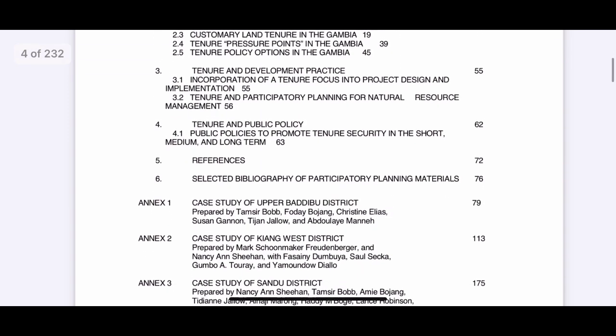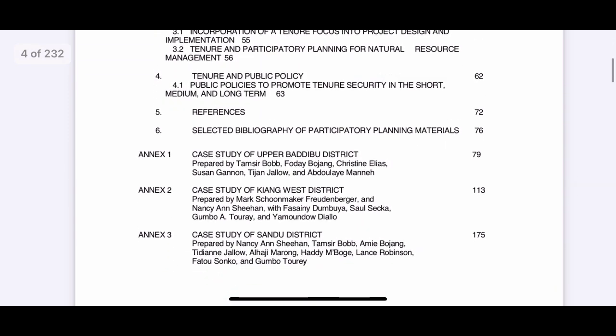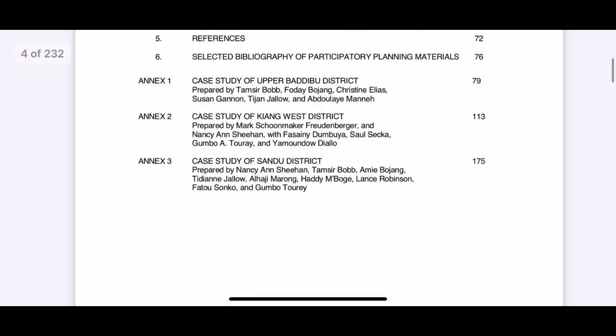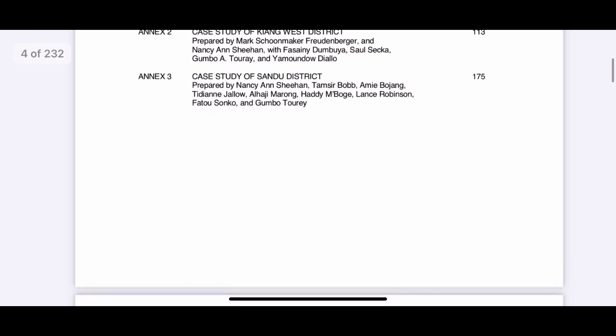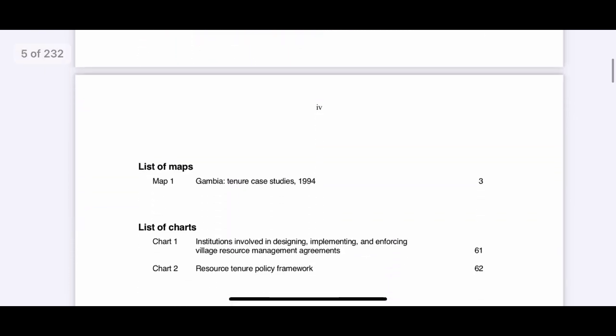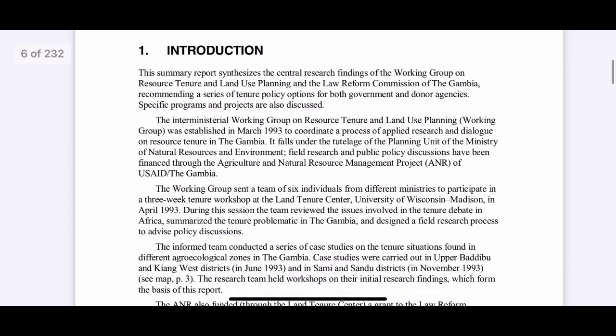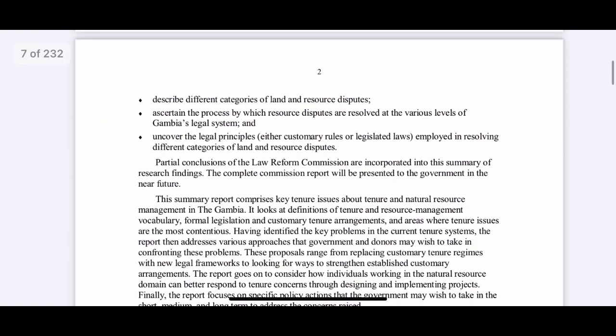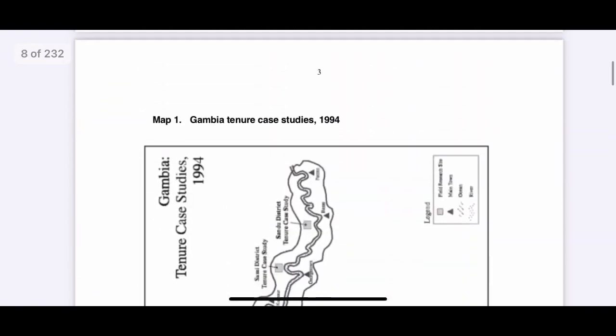So tenure is simply the term for the rights that individuals and communities have in land and other natural resources. The nature of these rights and the extent to which people have confidence that they will be honored, security of tenure, play a critical role in determining how resources are used.